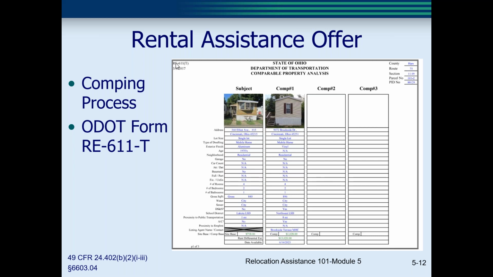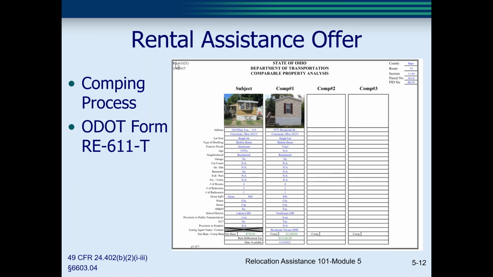So much of the same sources for the comps are also applicable to the rentals. The ones we talked about for the newspapers, sometimes the realtors also have rentals, so definitely talk to the realtors for rentals. Drive-bys, you're going to do a lot of drive-bys, you're going to look in the newspapers.